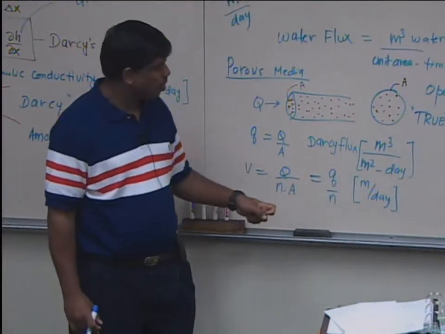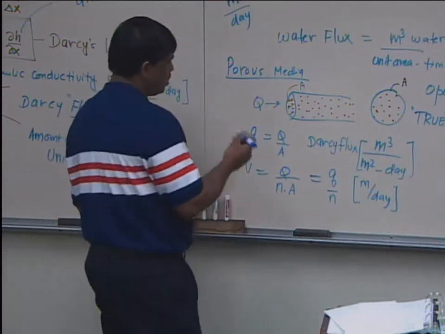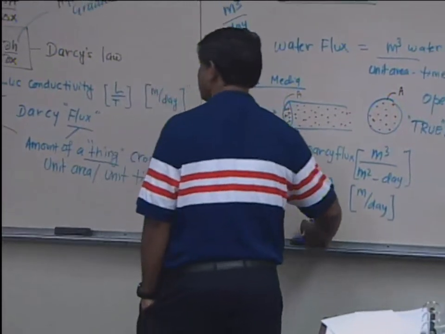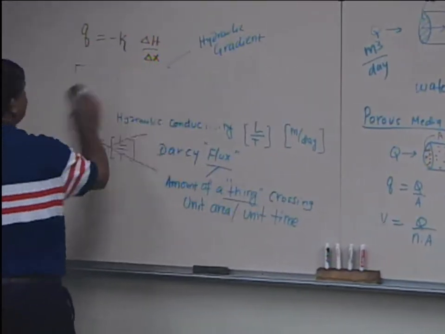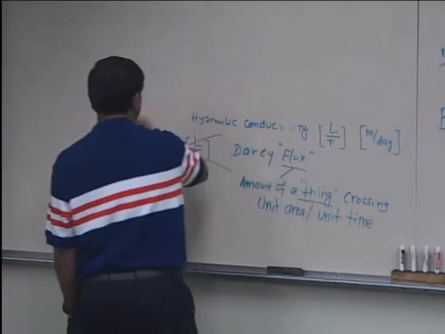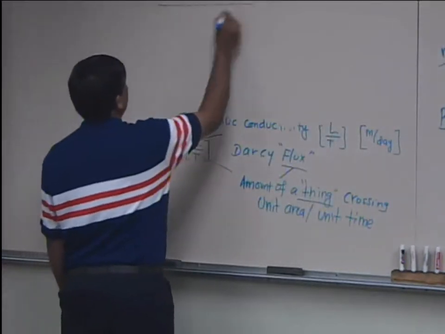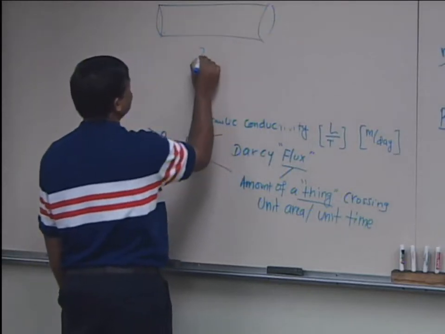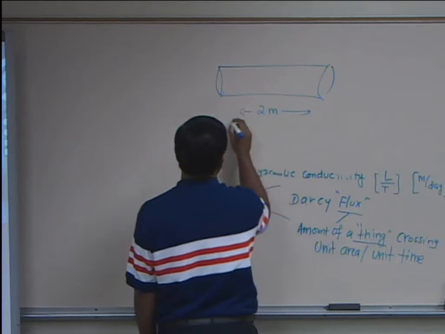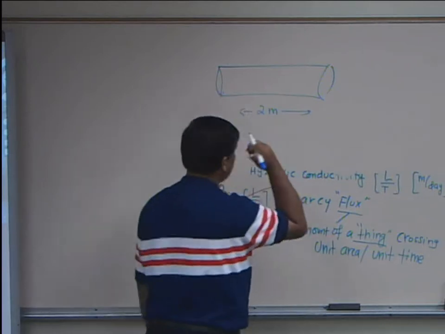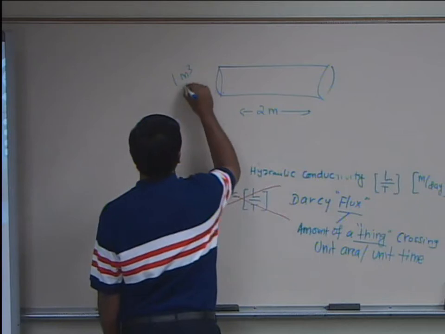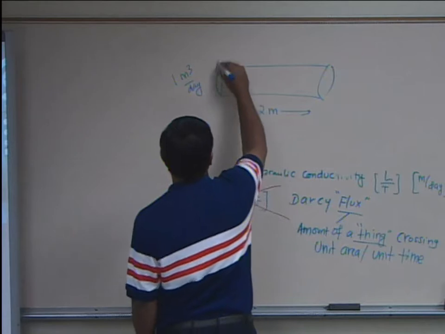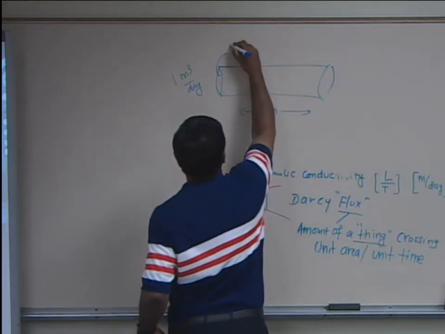So let's pick some numbers and solve a problem. I'm going to come up with some random numbers. So here's my column. Let's say I take a 2-meter column and push, I'm going to make up something, 1 cubic meter per day. And the area of cross section is, let's say, 0.1.